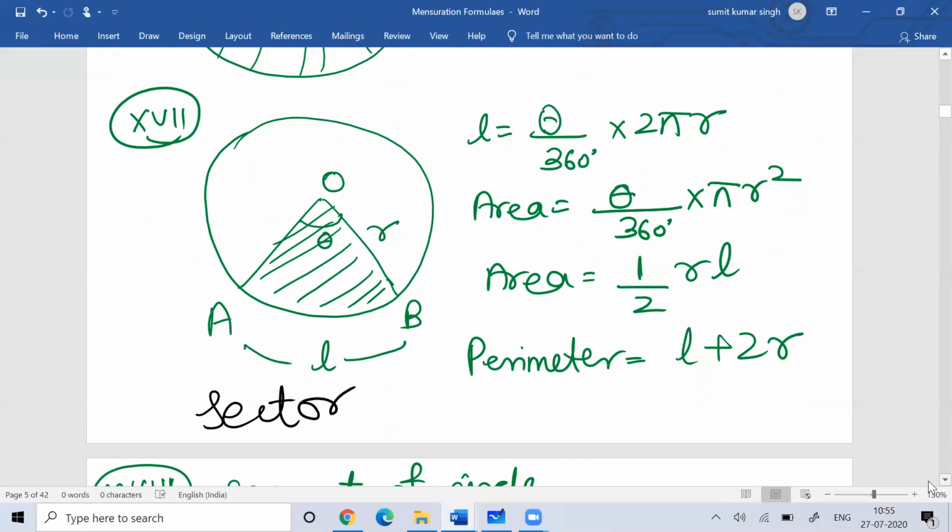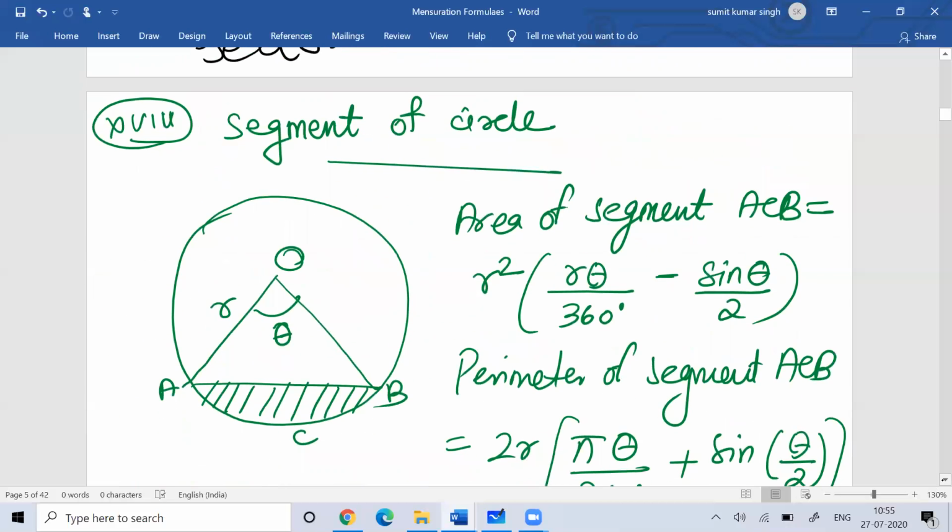So that's why the formula is theta by 360 into pi r square in terms of area. While if you want to calculate the length, for that you can use theta by 360 into 2 pi r. Perimeter of this would be L plus 2r. That would be the perimeter. And L and R, you know how to determine and all.